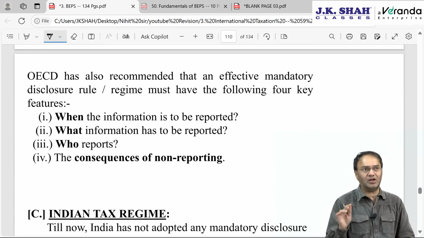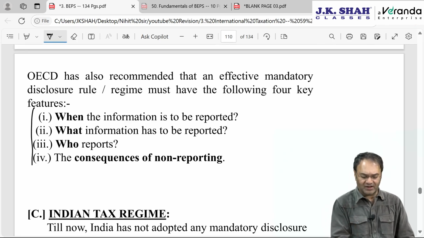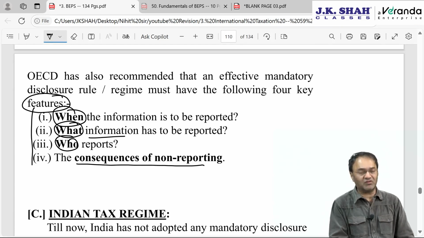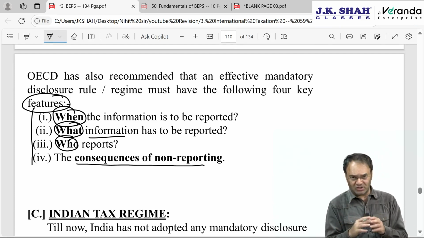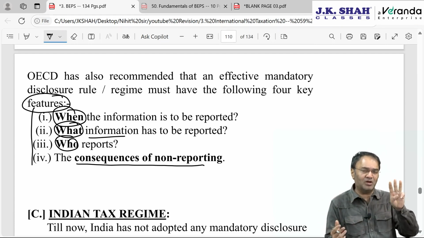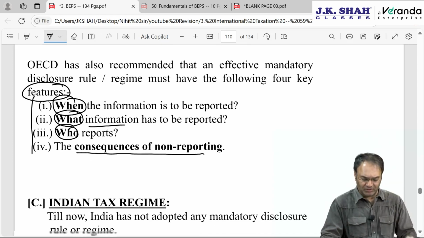OECD also recommended that whichever country plans to do it will have to ensure that these factors are taken into account. Number one, when to disclose information, what information to be disclosed, who reports to whom, and what are the consequences of non-reporting. Clarity should be maintained as to what information is to be disclosed, where to disclose, in the IT return or by way of a separate form, the timeline, deadline, last date, and the punishment.